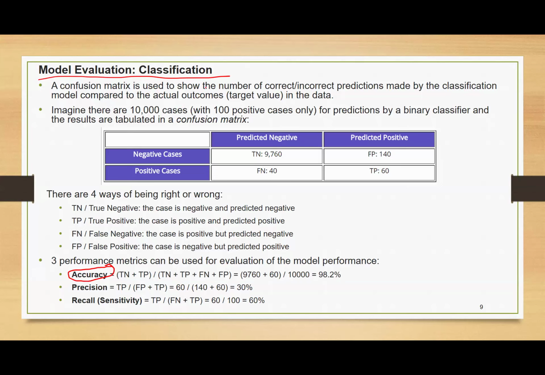A confusion matrix shows how the model is confused by the samples: what kind of correct predictions the model made and what kind of incorrect predictions. It shows the number of correct and incorrect predictions made by the classification model, or the classifier.